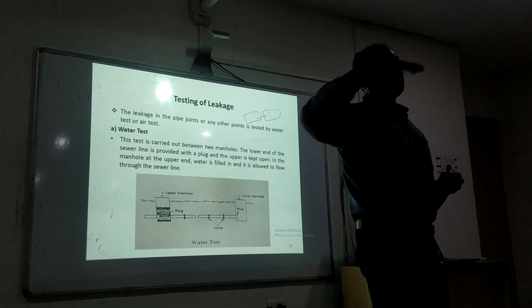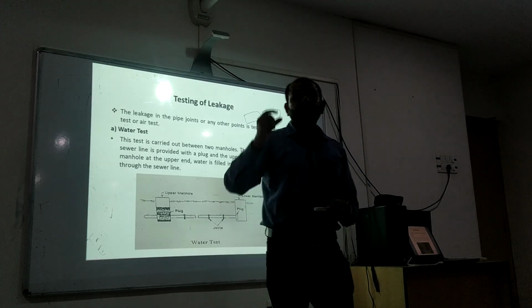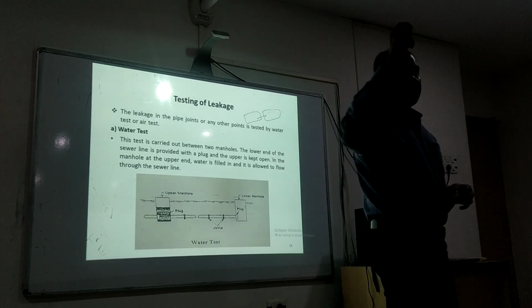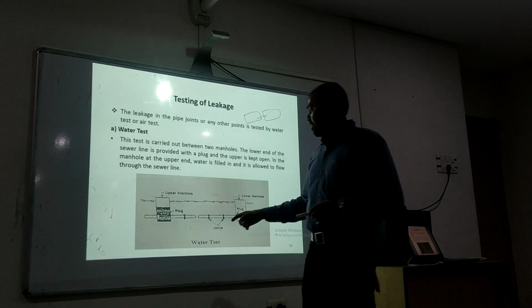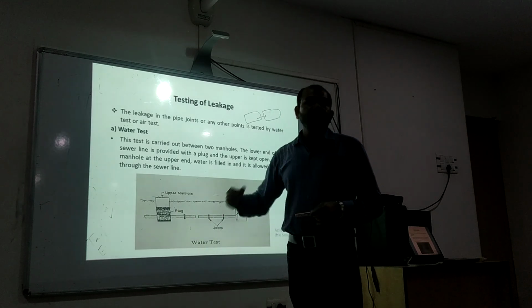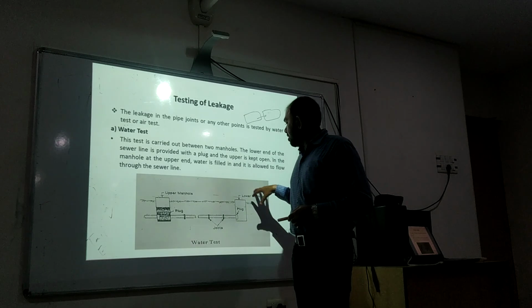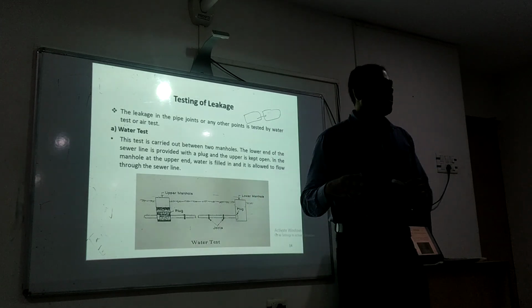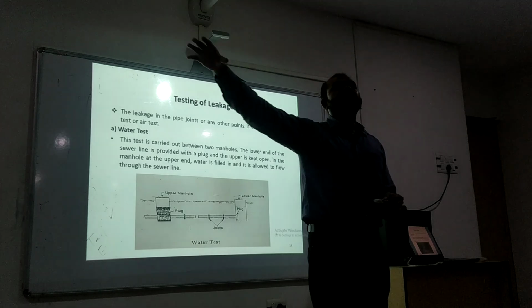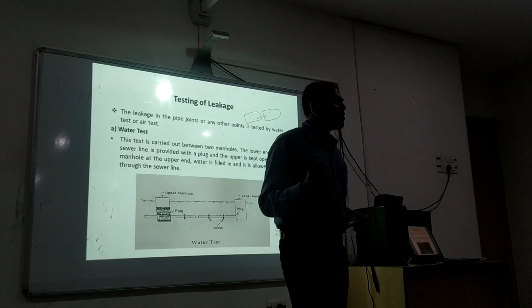Either water can be allowed to pass through the pipes that have been joined, and there has to be observation whether there is any kind of leakage. Another type of testing can be through the pipes of the sewer. Suppose if at one portion we burn something, that will create a smoke, and if that smoke can be made to pass through, the smoke will find its way, just like water will find its way.